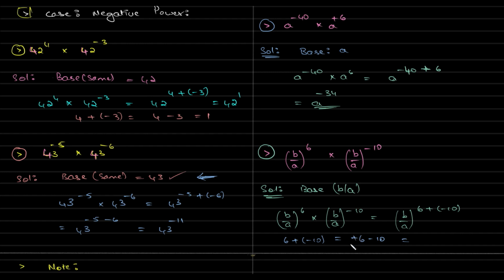So this operation is subtraction. So we have negative 10 being the highest. So we have negative answer. 10 and 6 difference is 4. Right. So basically this answer is b by a to the power of negative 4. Simple.